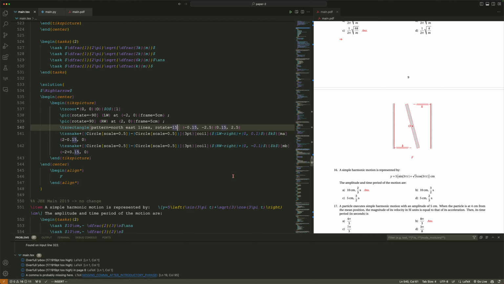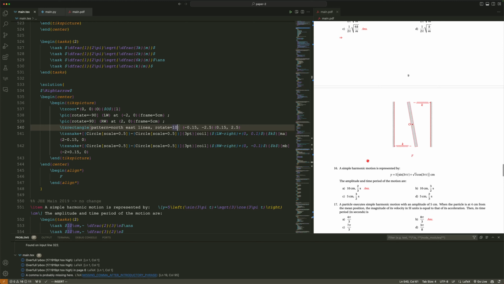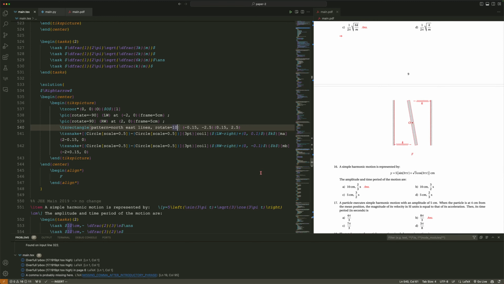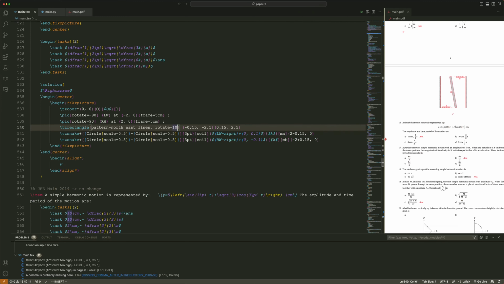So we can connect it. I think 10 degrees is more. Let's do it. Sorry, let's do it for 10 degrees. 15 was much more. And now we can connect this segment from this rod. I think the diagram is not drawn perfectly with much thinking.